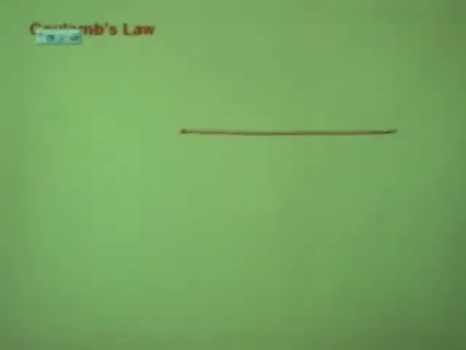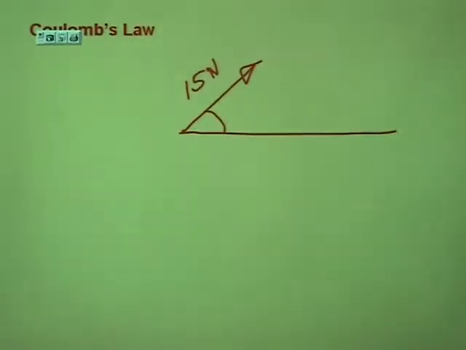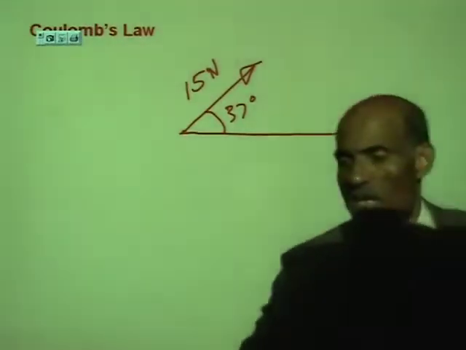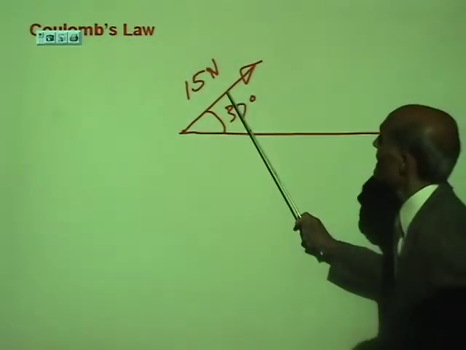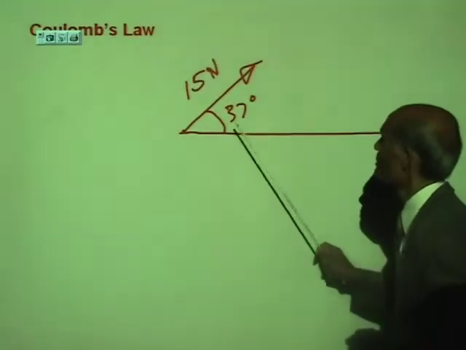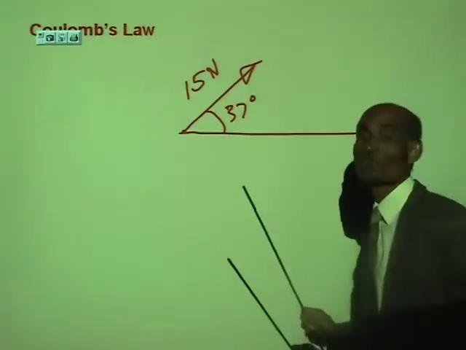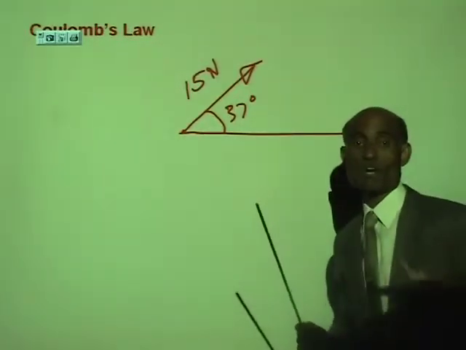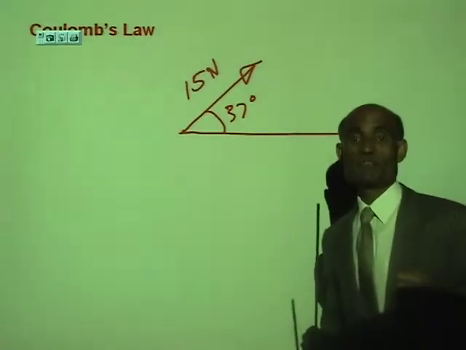Suppose you have a vector of length 15 Newton making an angle of 37 degrees with the x-axis. Now, how do we break this vector into a horizontal component and a vertical component? I hope you remember the concept we discussed in Physics 1.